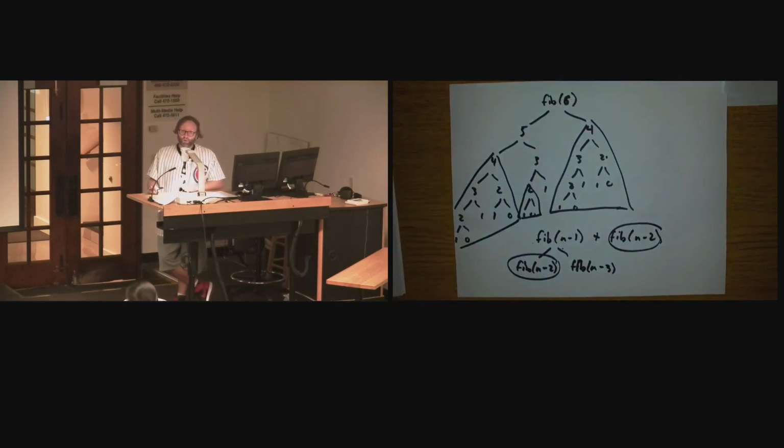So what we want to do is identify those overlapping subproblems and avoid the extra work. Now, the way that I usually present this, say in CS1, is using memoization.